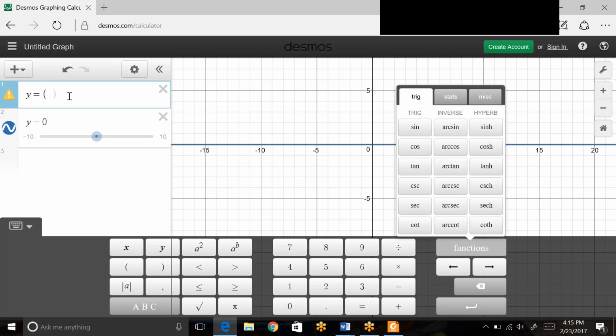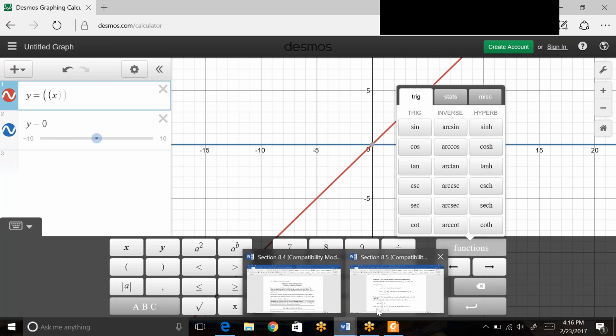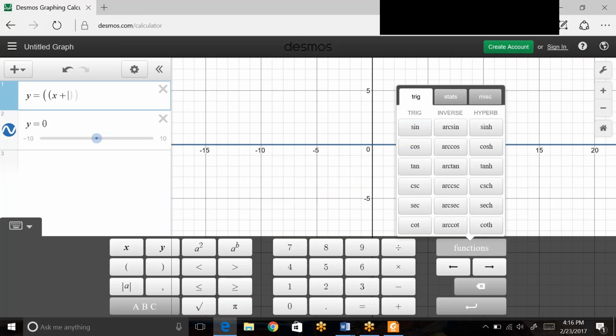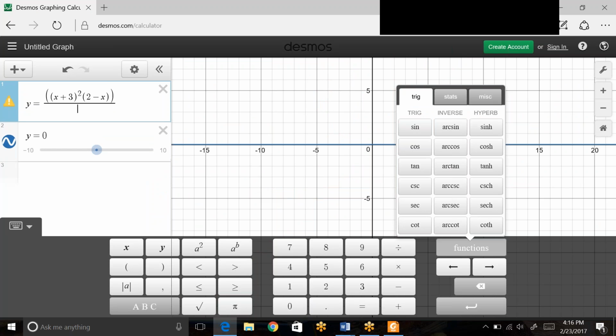So I'm going to do extra parentheses here. So I have an x. Let me get back to my actual equation. x plus 3, 2 minus x on top. So x plus 3, and I could write that squared if I wanted to. And 2 minus x, that's from the top. Okay, there's my fraction bar.